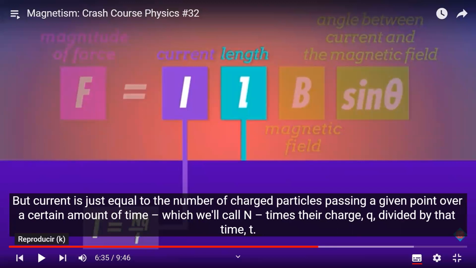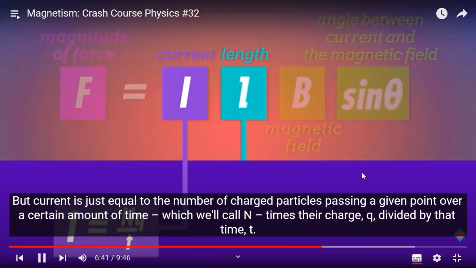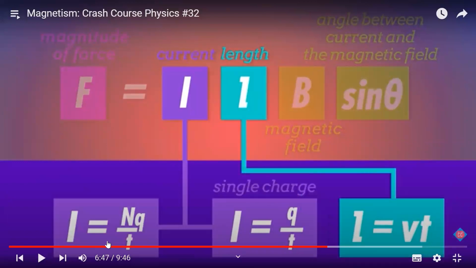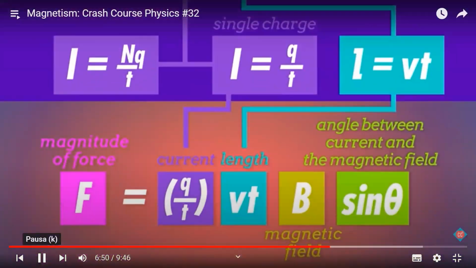And so instead of current, we could talk about the number of charged particles passing a given point over a certain amount of time, which we'll call n, times their charge q, divided by that time t. For a single charge, n is just 1, and the length is just equal to velocity v multiplied by time.